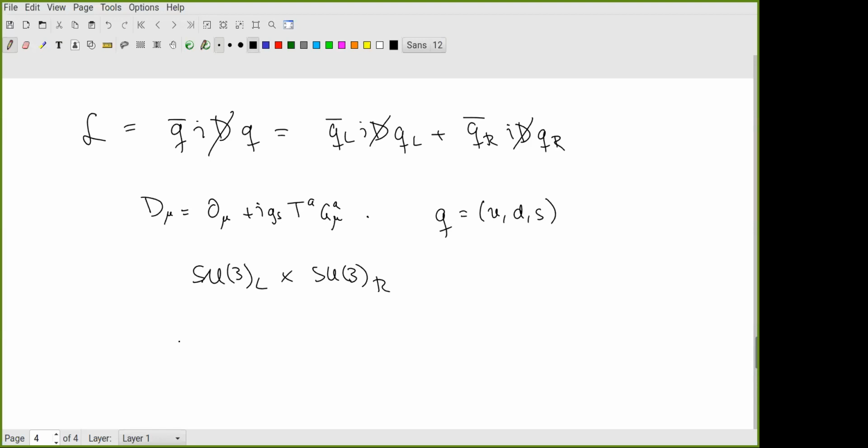Okay, if you haven't seen this, then it's a good exercise to try to do this explicitly. This symmetry is not exact because we know that these light quarks have small masses. So this symmetry is approximate, but it's a relatively good symmetry. It's good enough for our purposes, say.